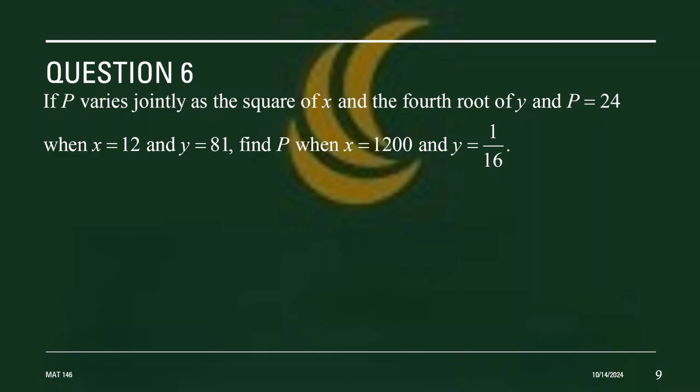P varies jointly as the square of x and fourth root of y. We've got k.